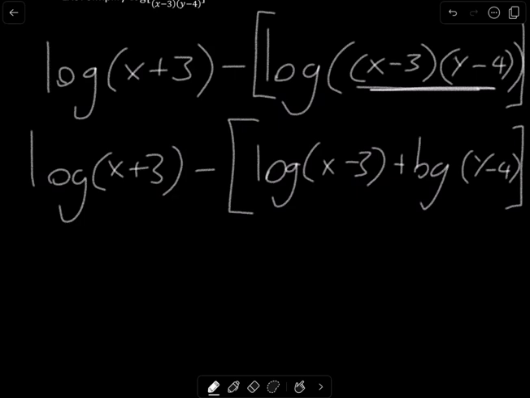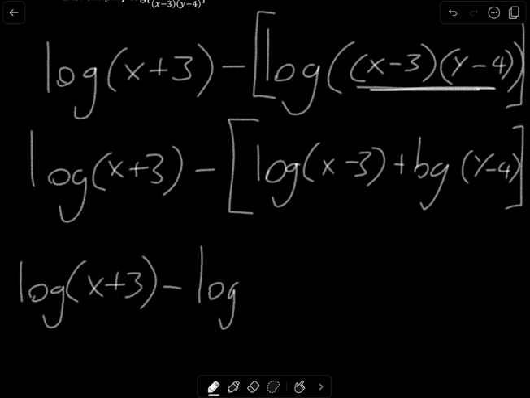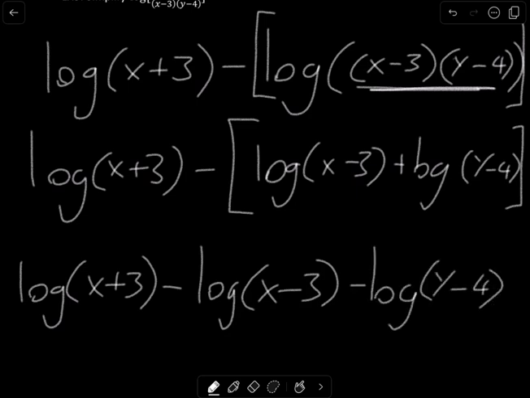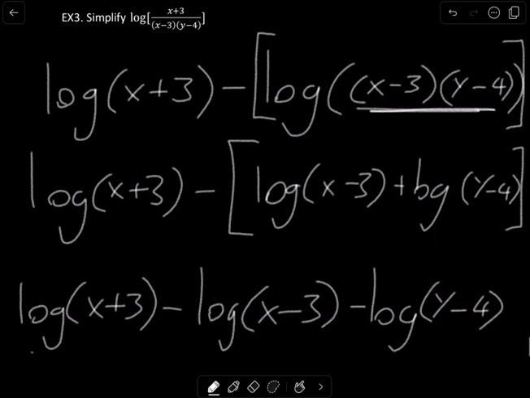Now you can see why I use square brackets, because I must distribute this minus sign to this log and then to that log. So your final answer will become log of x plus 3 minus log of x minus 3 minus log of y minus 4. So that is your final answer for exercise 3.